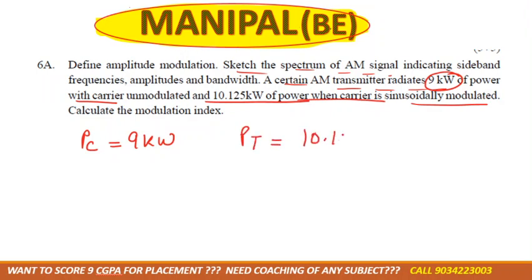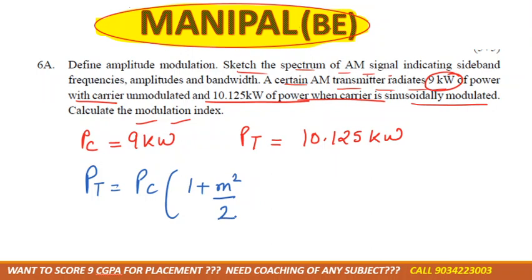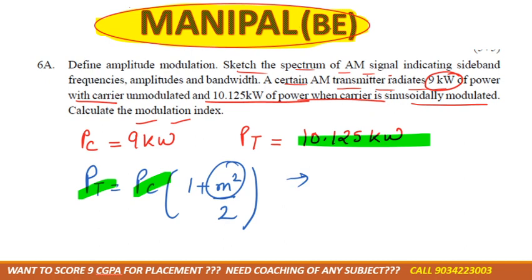You just need to calculate the modulation index. Remember I told you the formula, PT is equal to PC into 1 plus m square by 2, correct? So PT we know, PC we know, we can easily get the modulation index. Simple. And this is a 4 marks question, so easy, right?